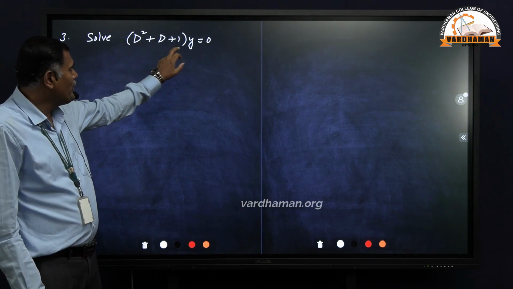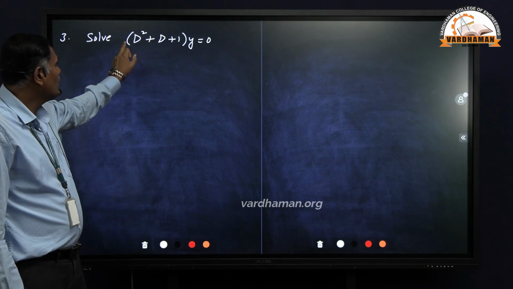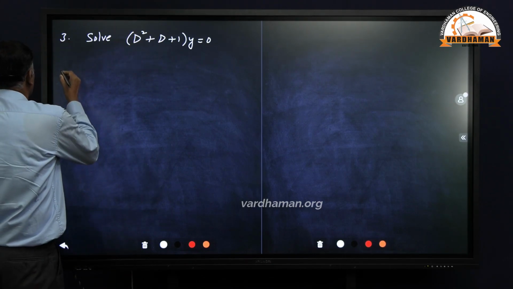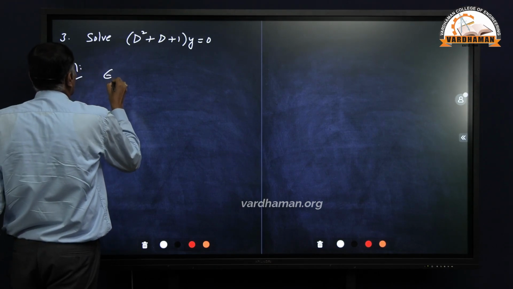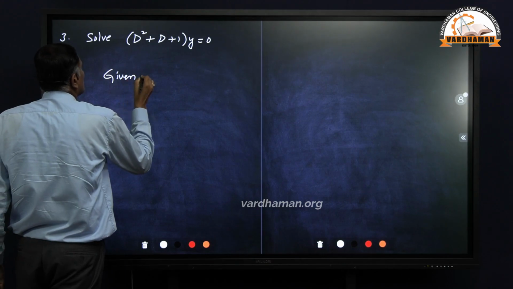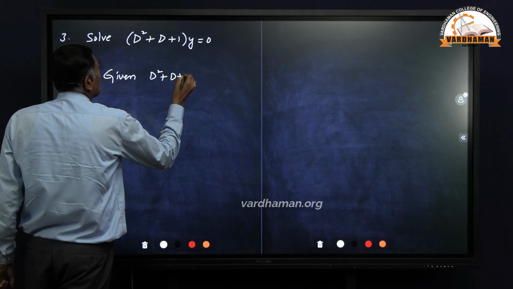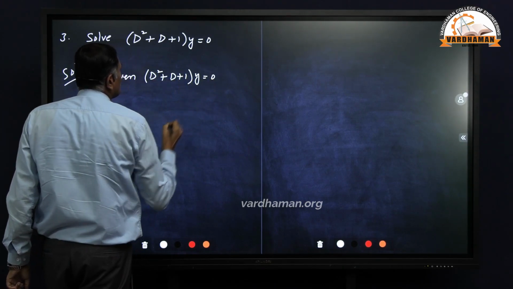Now directly this is given in operator form and clearly it is homogeneous, clearly it is a linear DE with constant coefficients. So let us discuss this. What is given, write down first: (D square plus D plus 1) y equals 0.